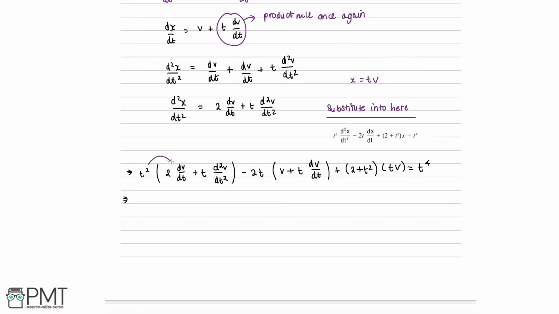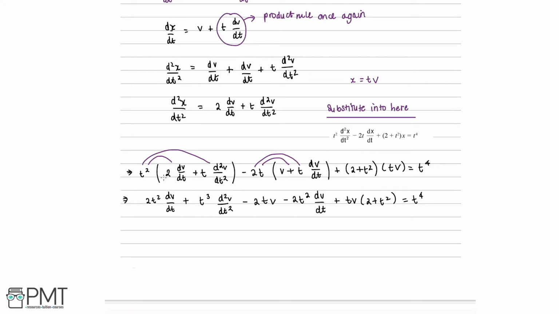Well, t squared multiplied by 2 dv by dt is equal to 2t squared multiplied by dv by dt plus t squared multiplied by t multiplied by the second derivative of v with respect to t will be t cubed multiplied by the second derivative of v with respect to t minus 2tv, because you're going to multiply 2t with v, and then you have to multiply 2t by t multiplied by dv by dt, give you minus 2t squared multiplied by dv by dt plus tv multiplied by 2 plus t squared is equal to t to the power 4.